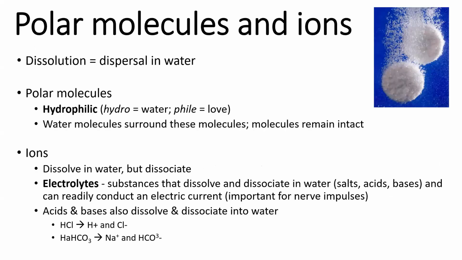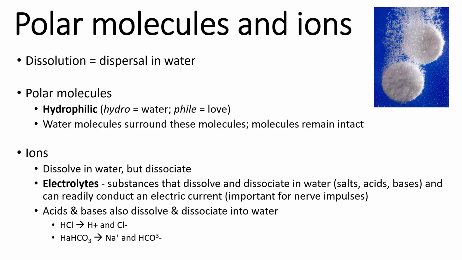So let's talk about polar molecules and ions. All right, this solution is basically what that means is the ability to disperse in water. So we have polar molecules, and polar molecules, remember, those are the molecules that result from uneven sharing of electrons.